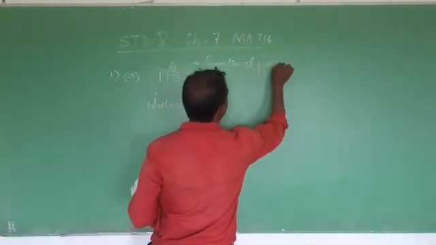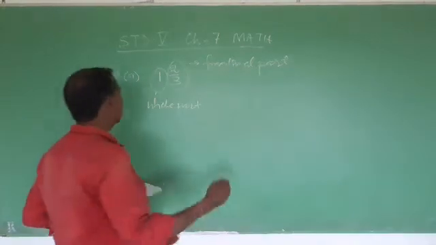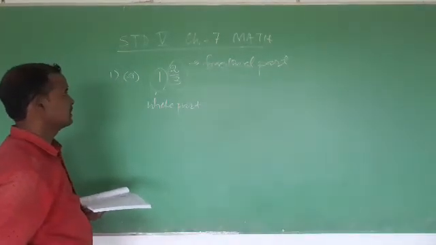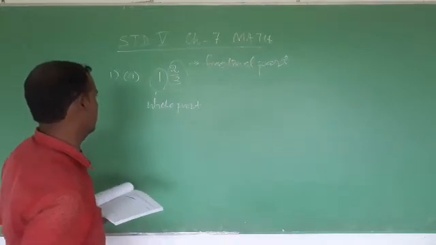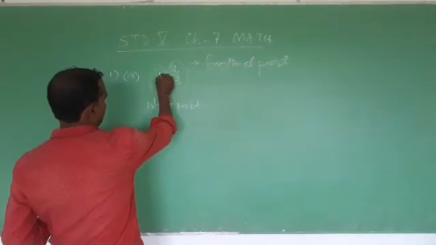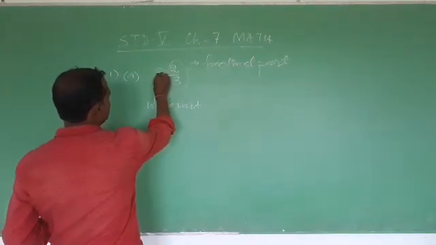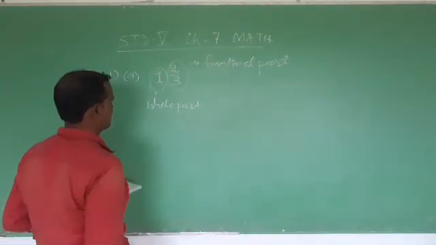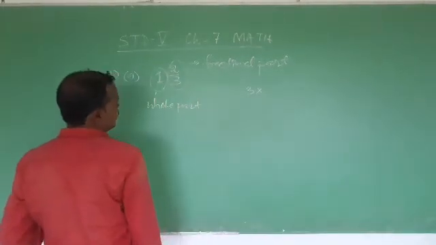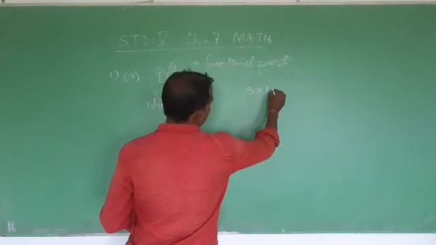Then how will you convert this mixed fraction into an improper fraction? Okay. First you multiply the whole part with the denominator of the fraction. What is the denominator? 3. And what is the whole part? 1. So you have multiplied.